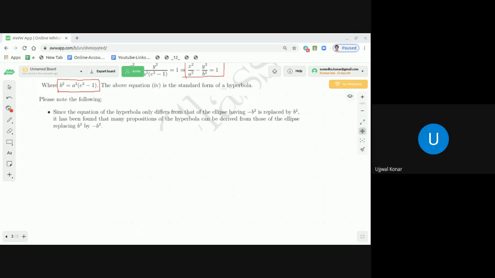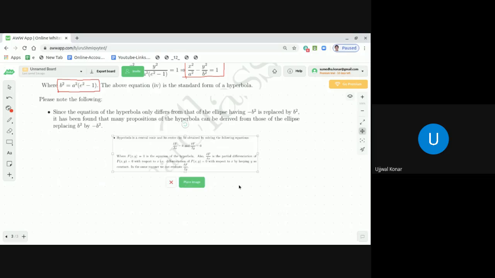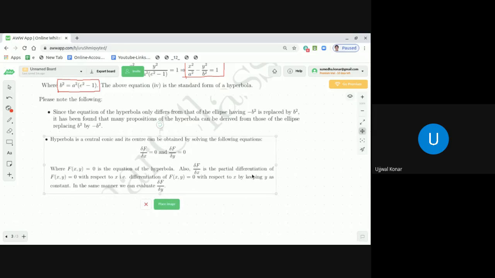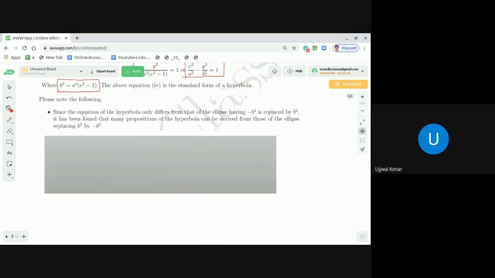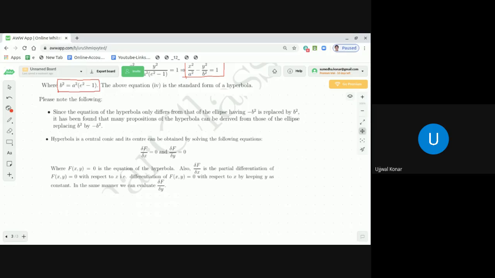And now, like the ellipse, the hyperbola is also a central conic, and its center can be obtained by solving the following equations.